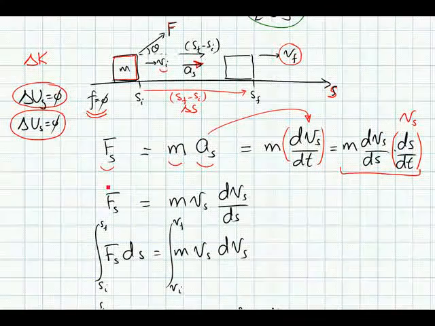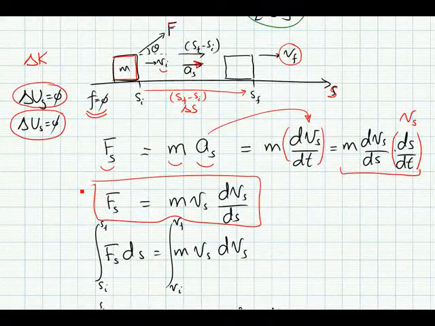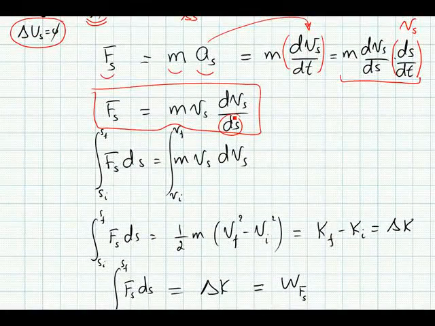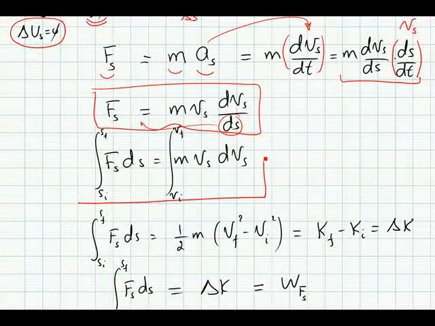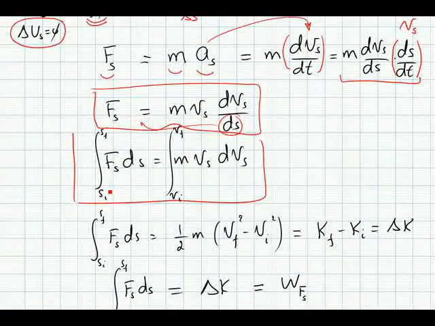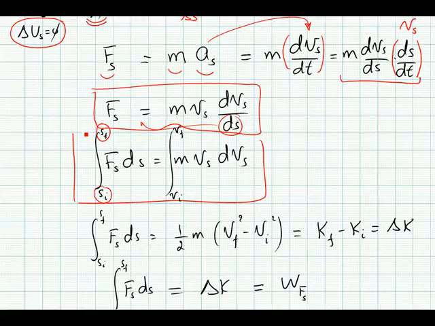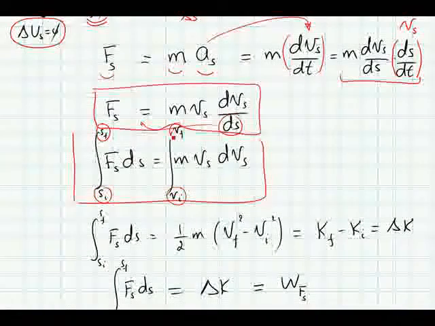So now I can rewrite this top equation in this form: F_s is equal to m v_s dv_s/ds, which allows me, by bringing ds from the right hand side over to the left hand side, to write Newton's second law in an integrable form, where the integral of F_s ds over the limits of initial position to final position is equal to the integral of m v_s dv_s over initial velocity to final velocity.